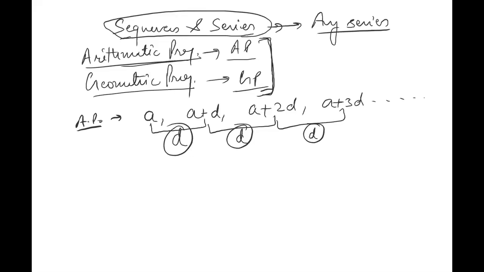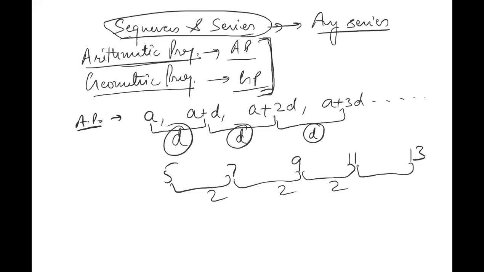For example, 5, 7, 9, 11, 13. So the difference is 2. The difference is constant. That's what an AP is.